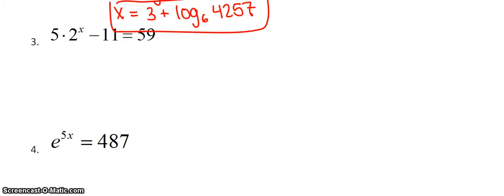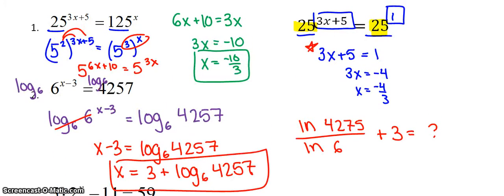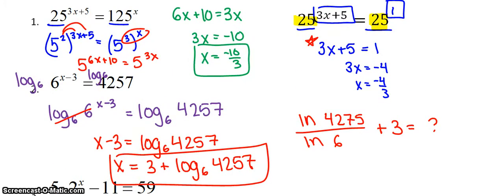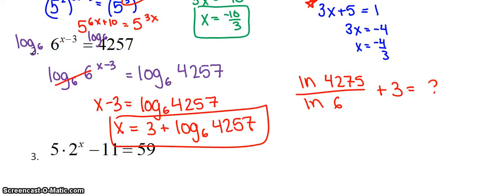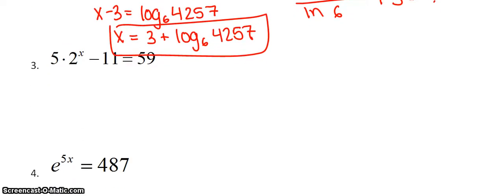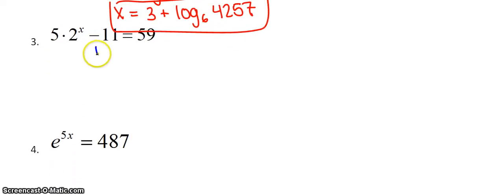So those are the two methods you'll mostly be using to solve exponentials. There may be some old stuff that comes back in terms of, like, you might have to use the zero product property, or you might have to solve a rational expression, or you might have to add 11 to both sides before you can get rid of the exponential stuff.